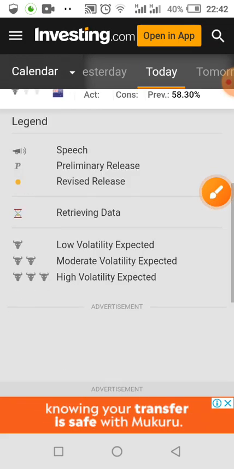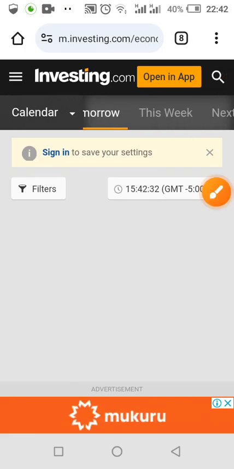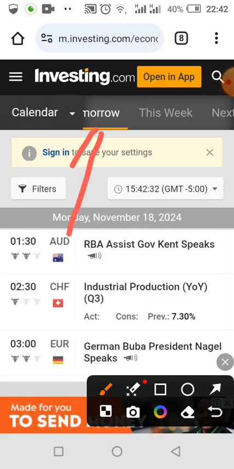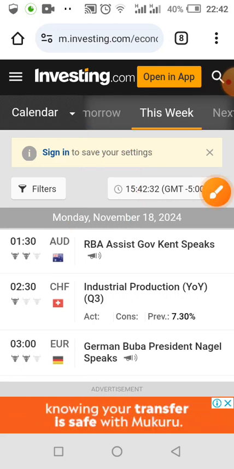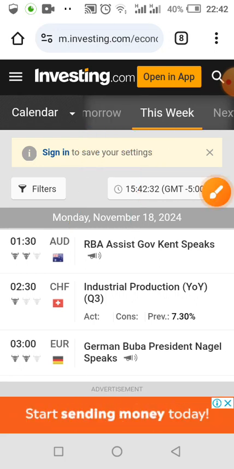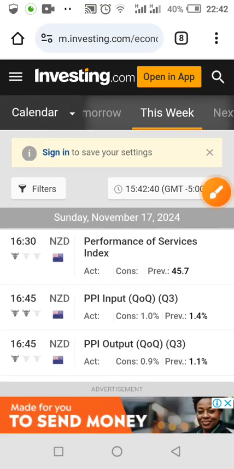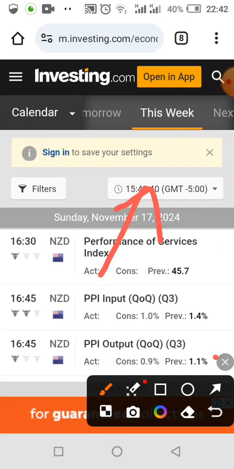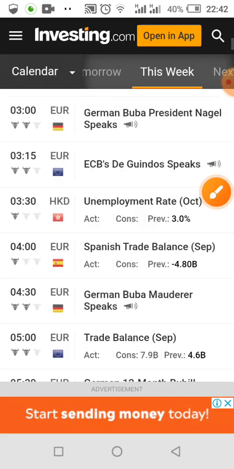Then the high impact news events will have 3 bulls. So you can select for tomorrow or even for the whole week for you to scroll and see the news events in advance. And you can also select your time zone if you want to change it.